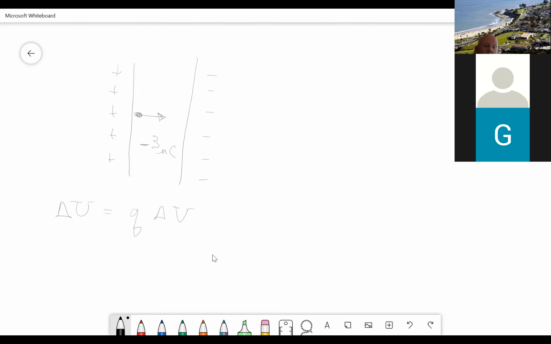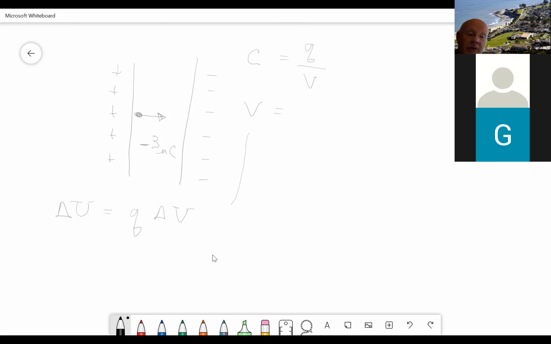So I want to first do kind of a side calculation and say, what is the change in potential on this capacitor from one plate over to another?